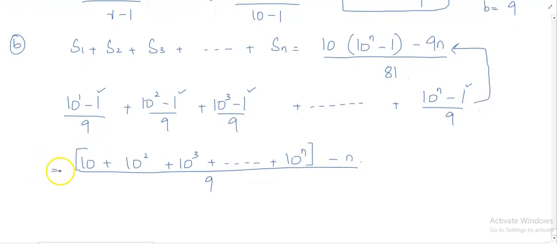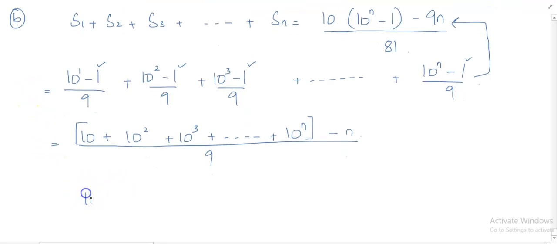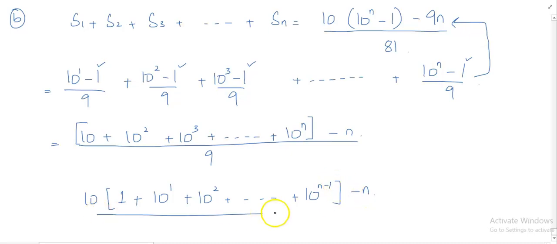In the next step, I'll try to take 10 as common from this one. So I end up getting 1 plus 10 to the power of 1 plus 10 to the power of 2, up to 10 to the power of n minus 1, and obviously negative n is over here, divided by 9, right?